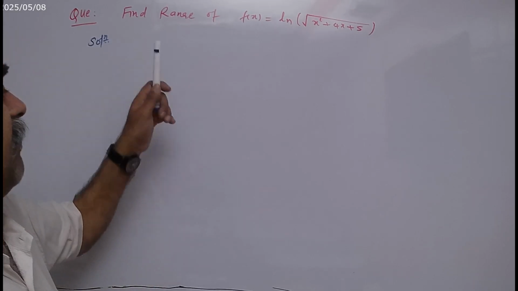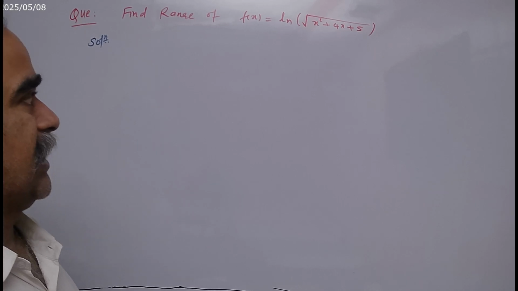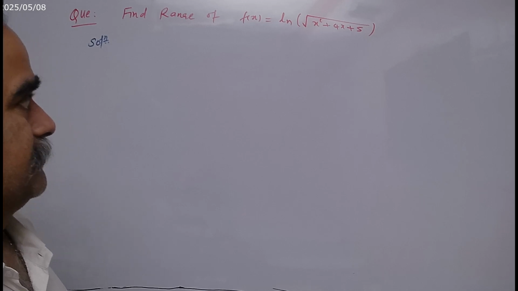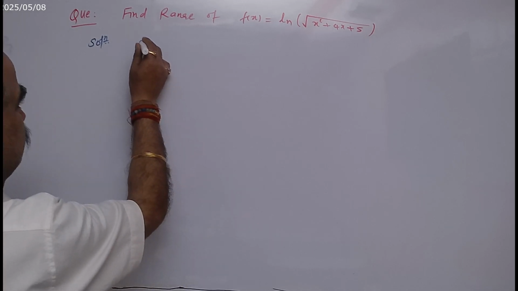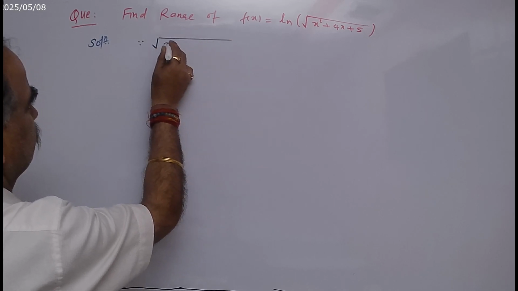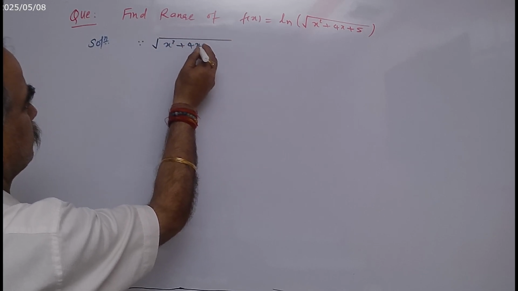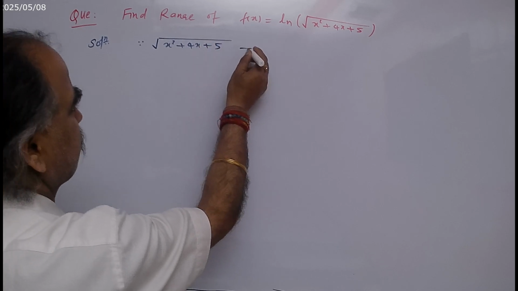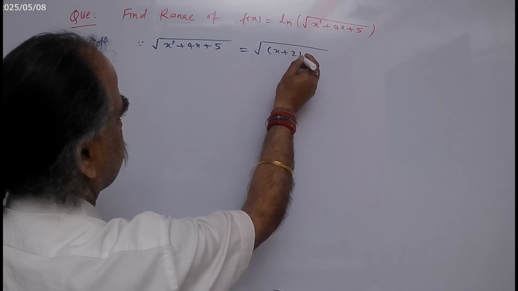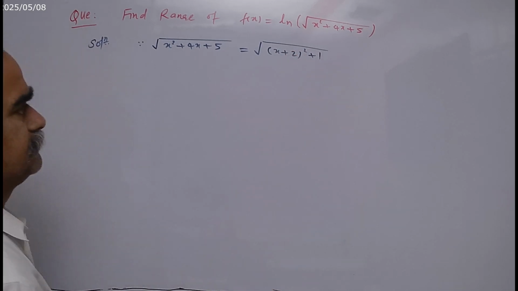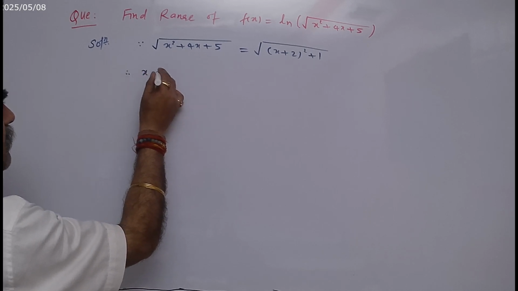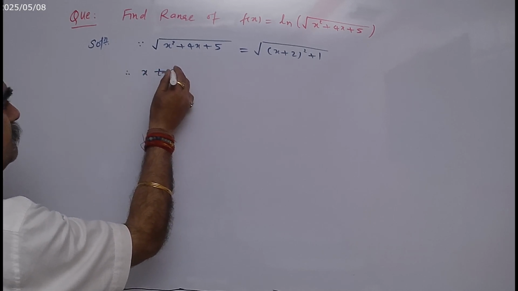Next, find range of f(x) is equal to ln root of x square plus 4x plus 5. Since root of x square plus 4x plus 5 can be written as root of (x plus 2) square plus 1.